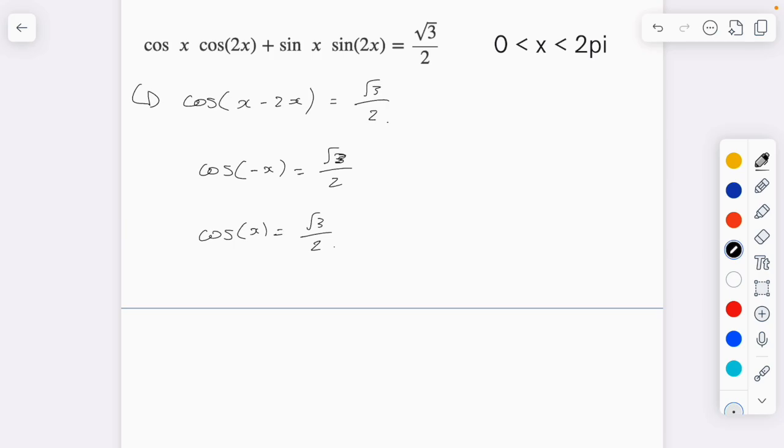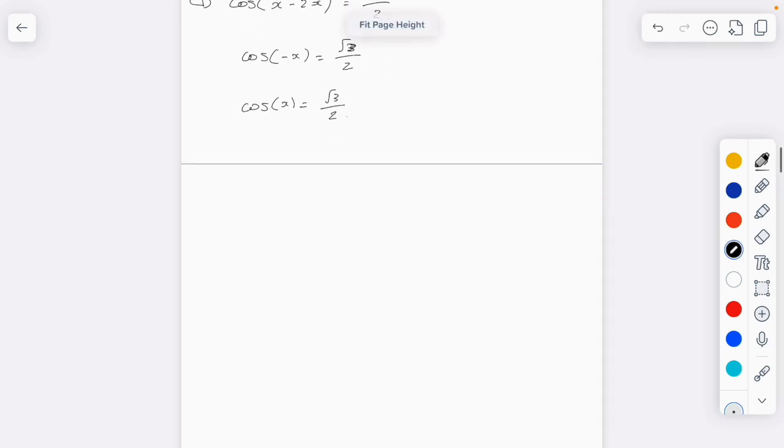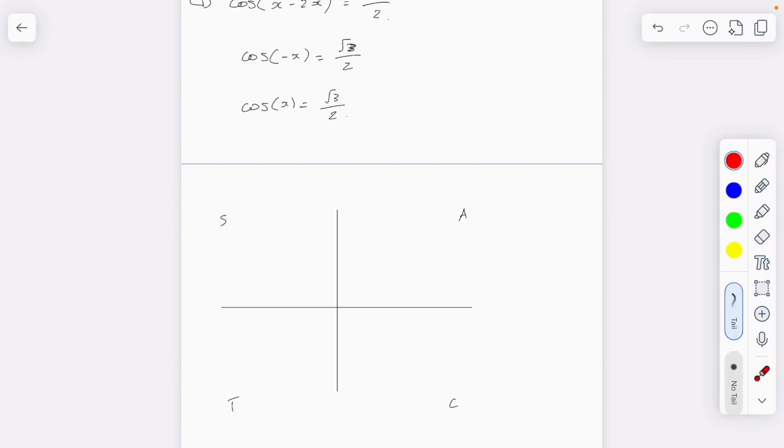Now let's go back to our CAST diagram, because this could very easily trip you up, but just drawing the triangles makes a huge difference. So where is cos positive? It's positive in these quadrants. Let me draw a triangle here. And what is cos?